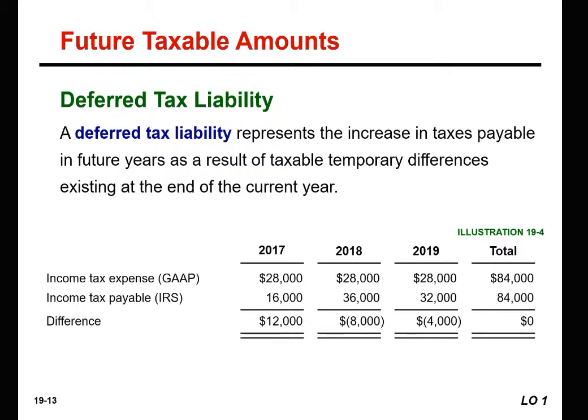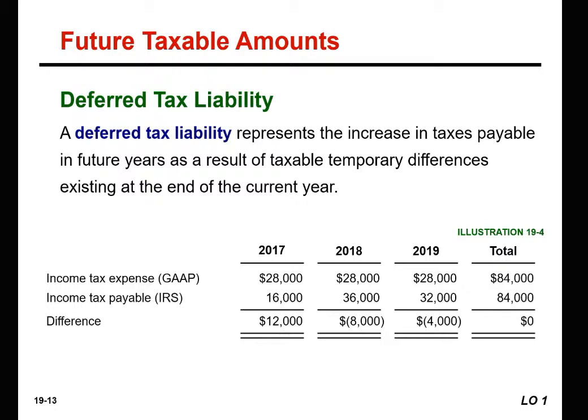A deferred tax liability represents the increase in taxes payable in future years as a result of taxable temporary differences existing at the end of the current year. So although we earned $28,000 in accrued revenue, there was a $30,000 difference.